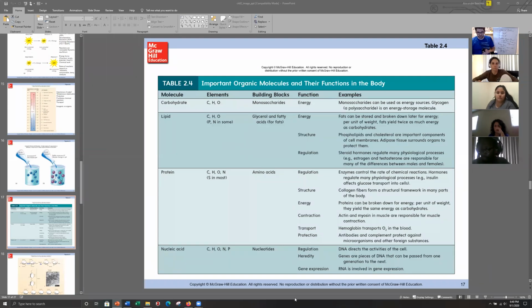If you know the information on this table, you're in great shape with the second half of chapter 2. People tend to forget about the building blocks of each of these things. So don't forget about those. Those are important because that's how we build different variations of proteins. It's how we build different variations of lipids or carbs or nucleic acids.